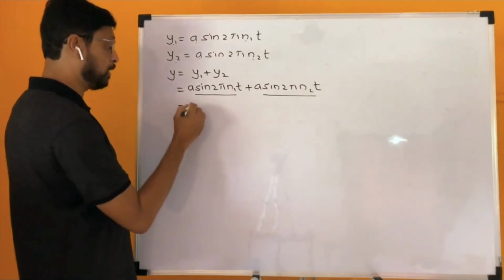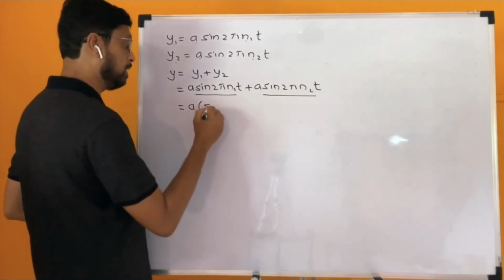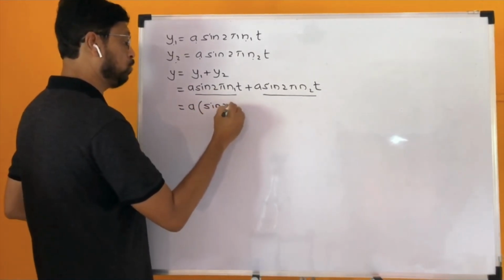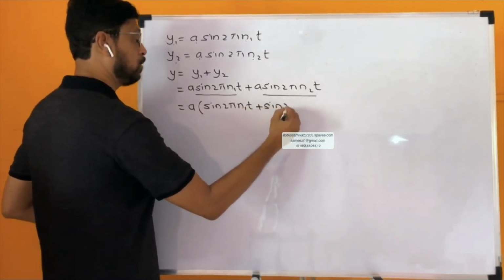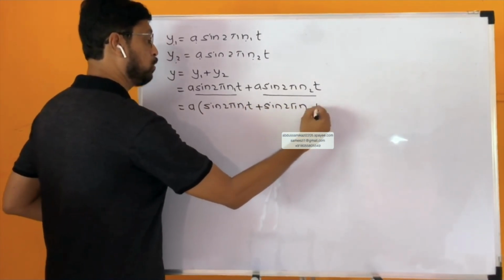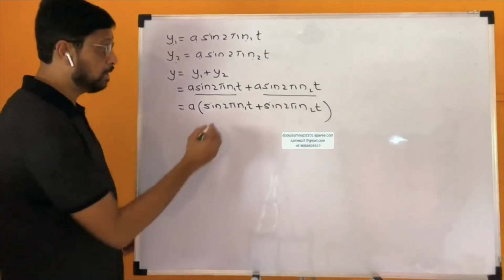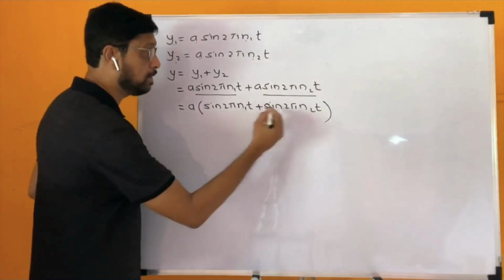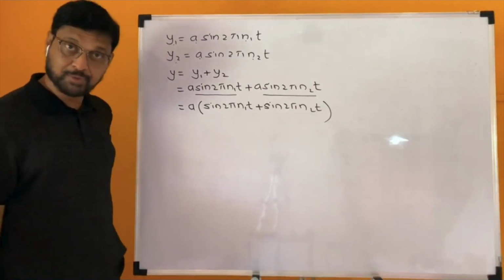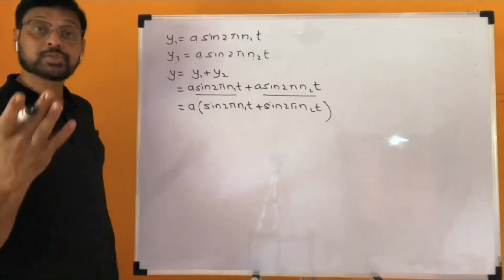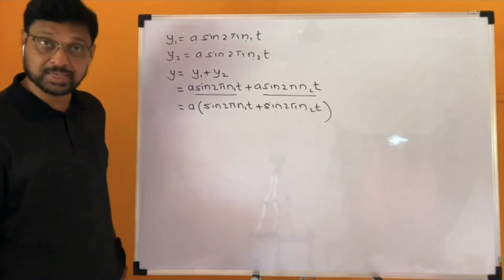So y will be equal to A times the bracket sin 2 pi n1 t plus sin 2 pi n2 t. Right? Sin C plus sin D. You remember the formula for sin C plus sin D? It is 2 sin (C plus D) by 2 cos (C minus D) by 2.